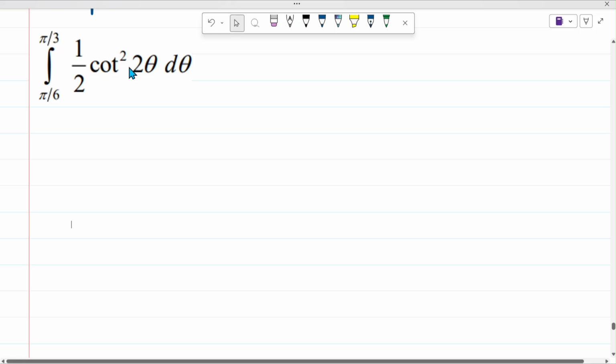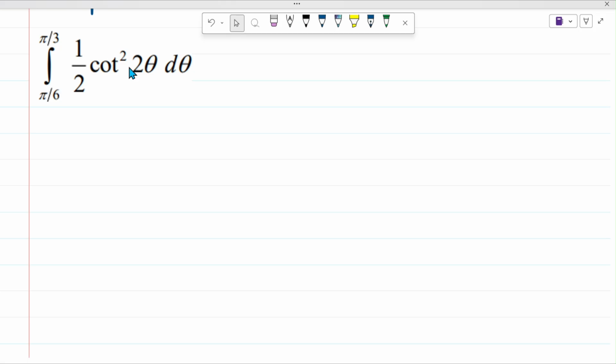So cot squared is equivalent to cosec squared minus 1. So here I can just say integral from pi over 6 to pi over 3, and then I substitute this one here. So cot squared, I've already told you that is equivalent to cosec squared minus 1, right?